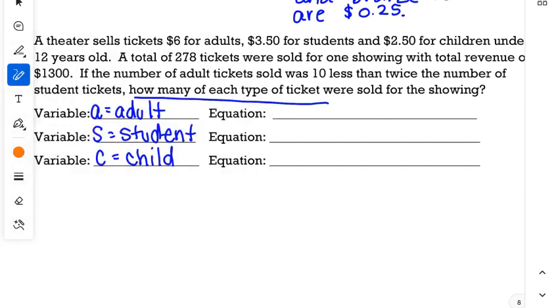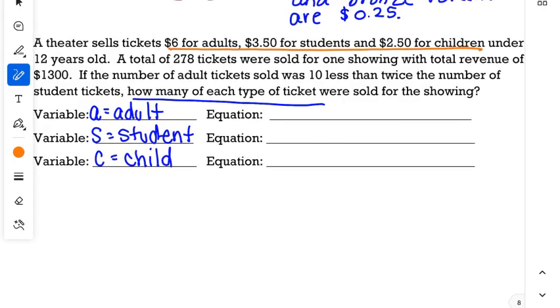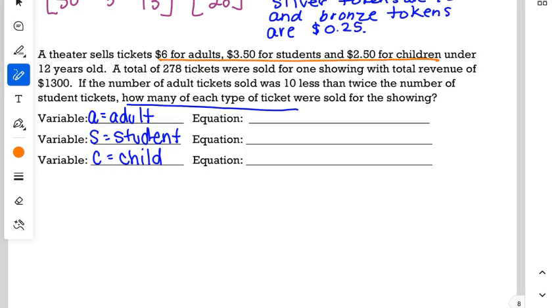Okay, so let's look at what each sentence tells us and how we can come up with three equations. Theater sells tickets $6 for adults, $3.50 for students, $2.50 for children. There's a total of 278 tickets. Revenue of $1,300. So we have two totals. We have a total of how much money. We have a total of how many tickets. So we can actually come up with two equations with this.